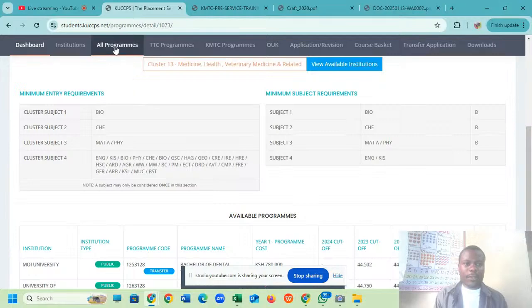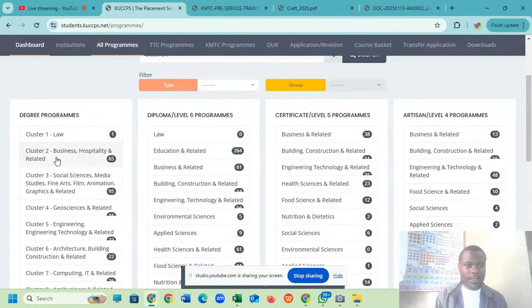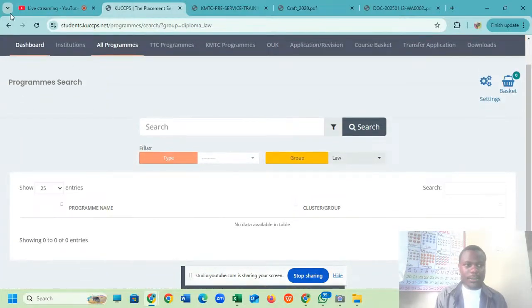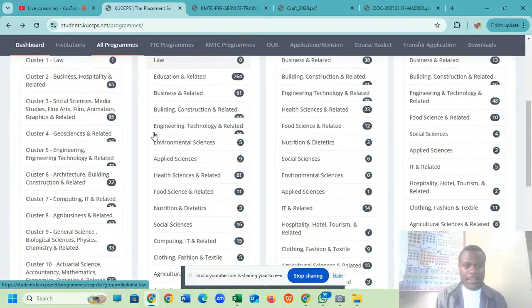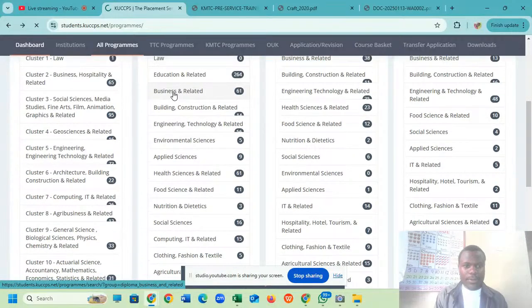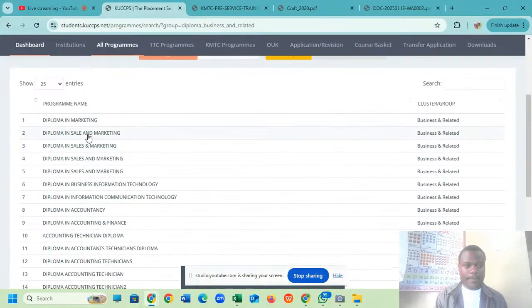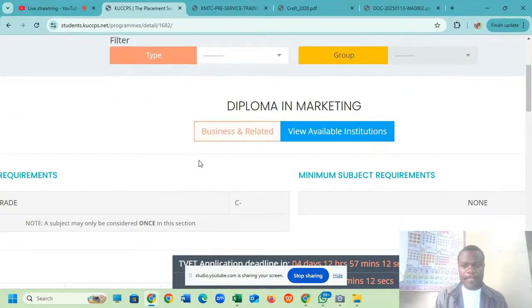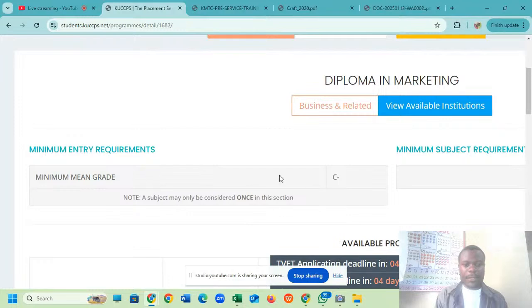But for diploma programs, they only indicate the subject requirements and the minimum grade. Let's go to business related courses, diploma. So diploma in marketing is here, minimum grade C minus.